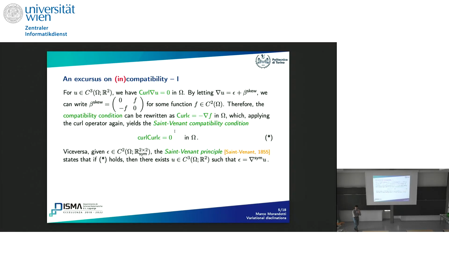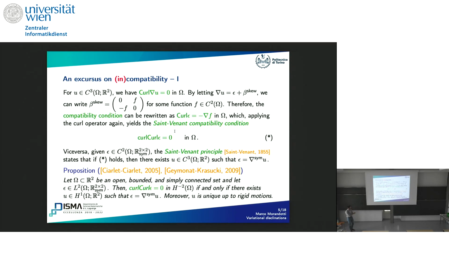But then using continuous functions or even 3 times differentiable functions is not suitable for doing variational analysis. So ideally, this would have to be set in a much weaker setting. At least this should be weakened in a proper way. And there are results in this setting due to Ciarlet and also Geymonat and Krasucki that say that the same idea of the Saint-Venant principle holds true if you set the equation of incompatibility in H-2 and then you look for fields that are of class H1, which is the general setting in which you place yourself to do elasticity, for instance, right?